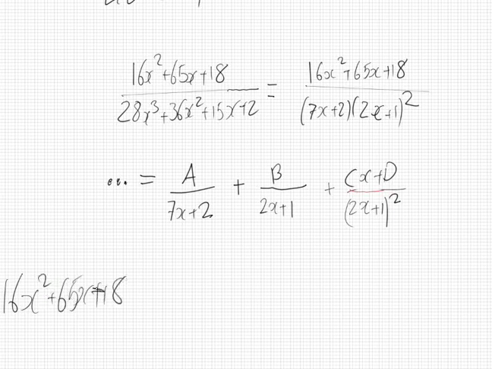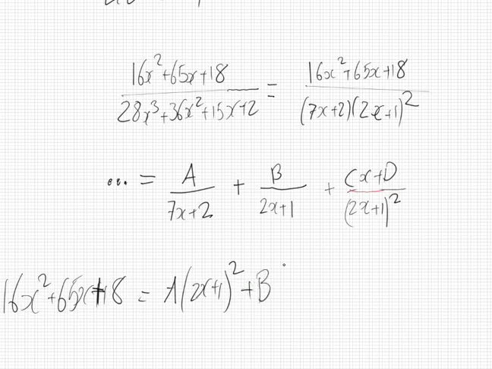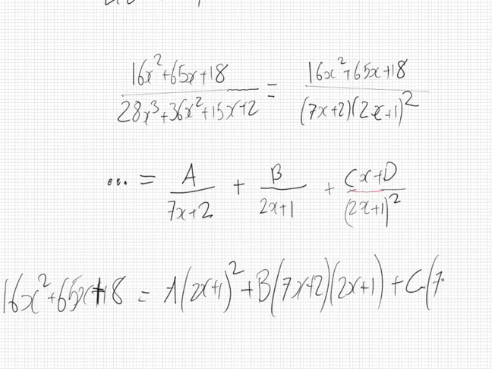And then plus 18. This will cancel one of the factors, leaving me how many? 2. So I'll be left with a times 2x plus 1 squared plus b times 7x plus 2, 2x plus 1, plus c times 7x plus 2.